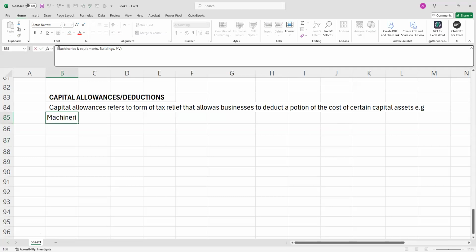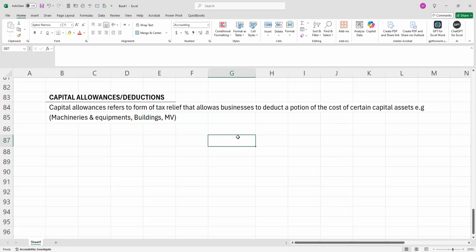From what are we deducting a portion of the cost of certain capital assets?